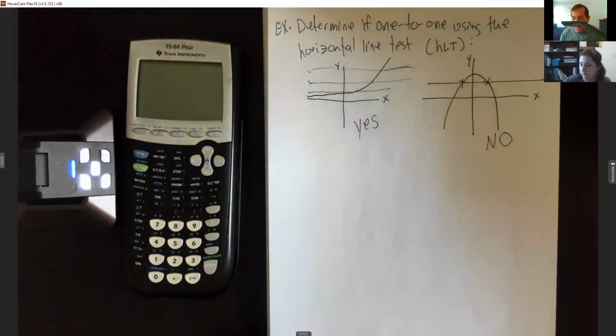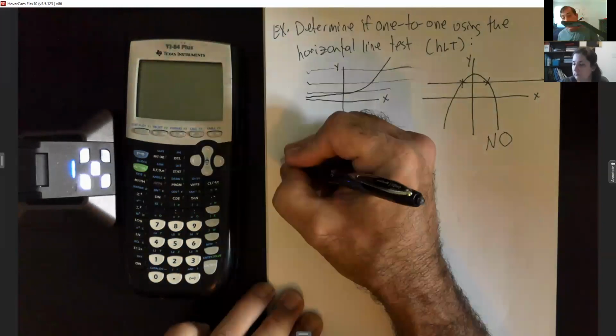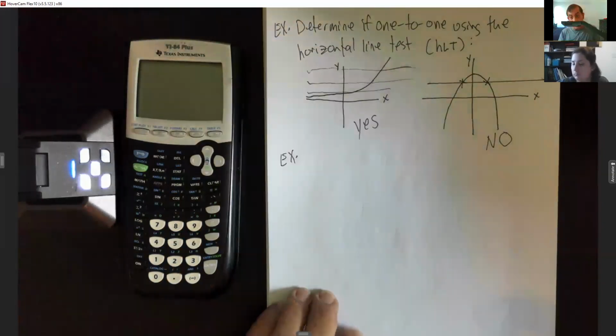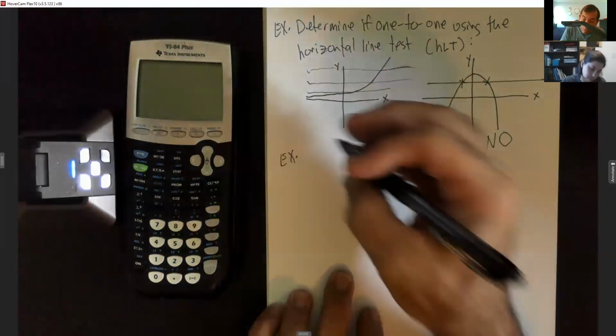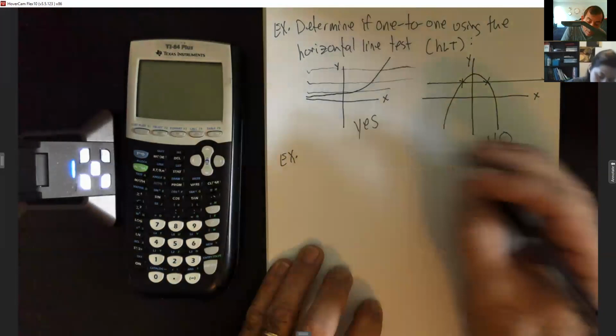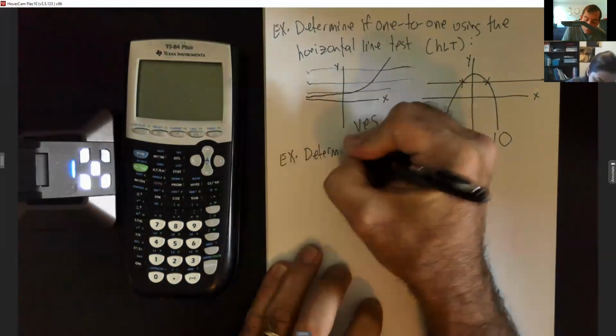All right, so we wanting to get into some of these actual problems, finding those inverses of the functions. So for these problems, we're going to determine if 1 to 1.